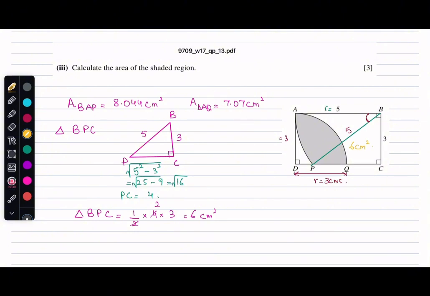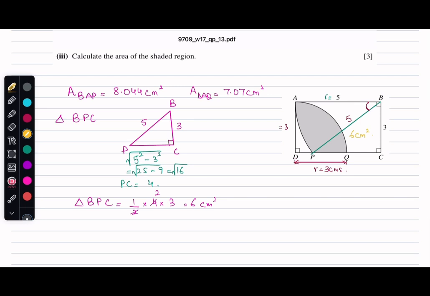We have the area of the sector, which was 8.044, and the area of the triangle.